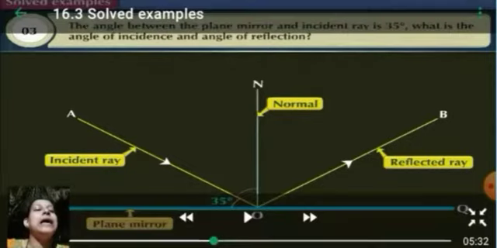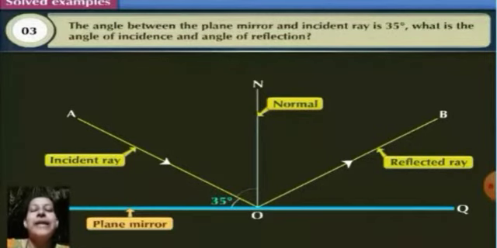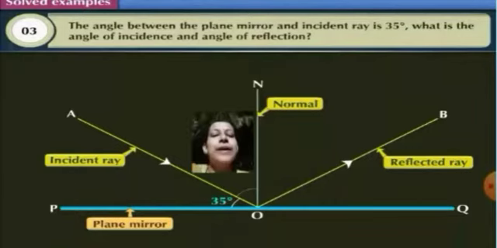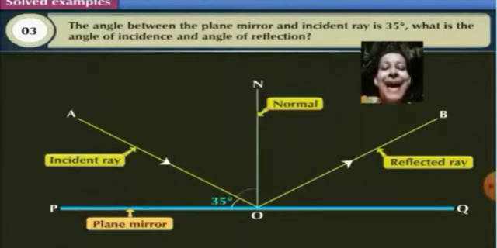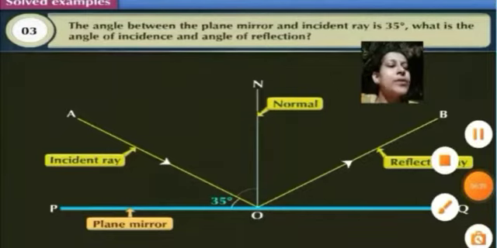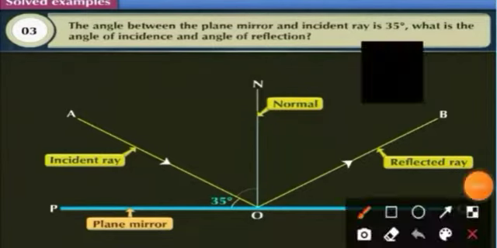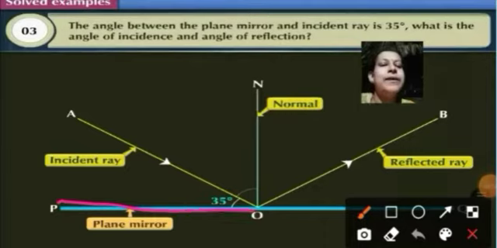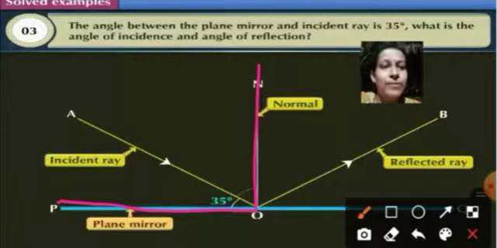So we need to find out the angle of incidence and the angle of reflection. It is very simple, because here you can name different angles. You can see angle PON, the angle made by the normal with the surface.